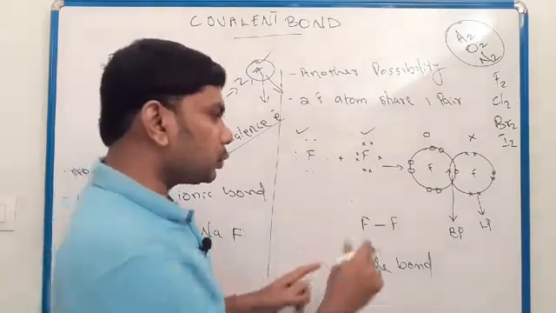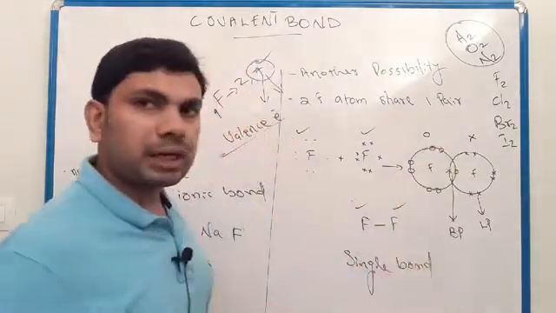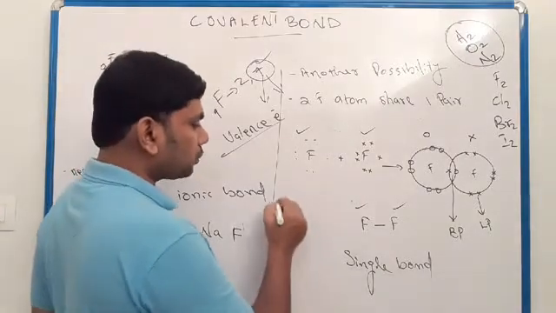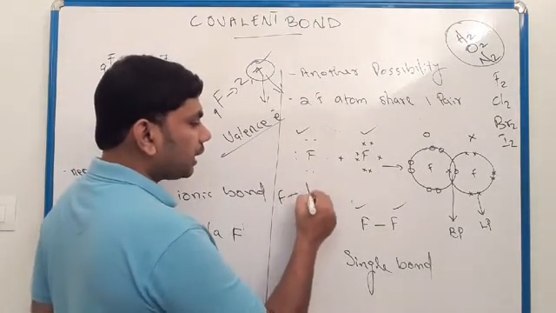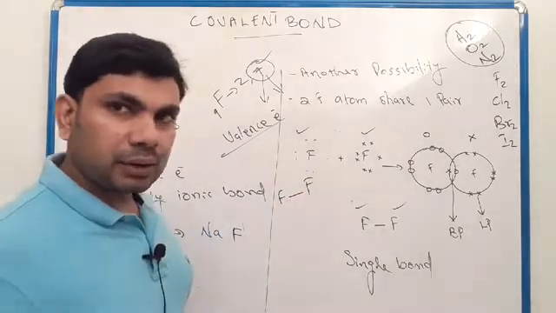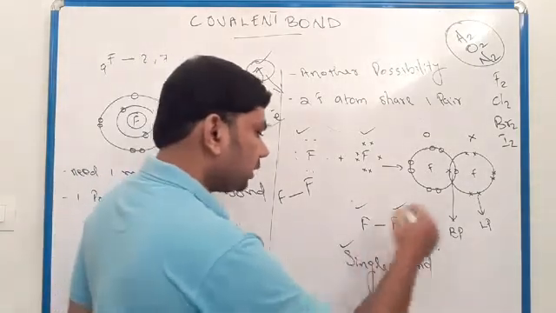So between two fluorine atoms they share one pair of electrons, and we represent it like this. One pair of electrons means a single bond.